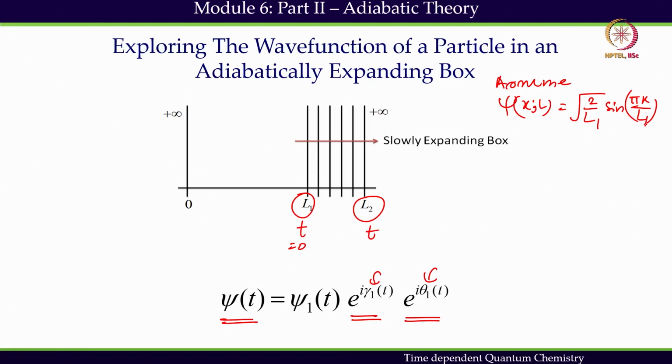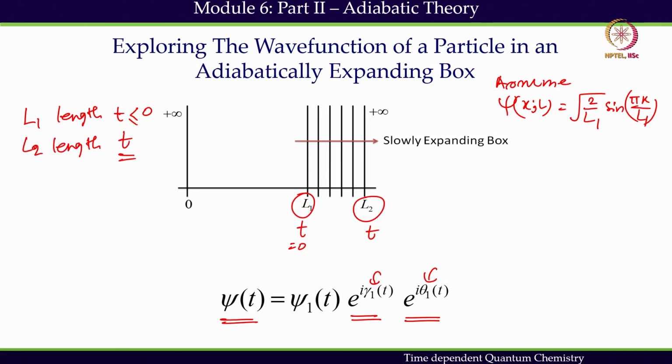So this was the wave function of the particle before the expansion, but the box has expanded from L1 to L2. L1 is the box length at time less than or equal to 0, just before the expansion started, and L2 is the length when it has expanded completely, the box length immediately after the expansion.